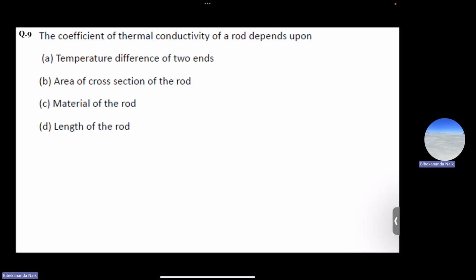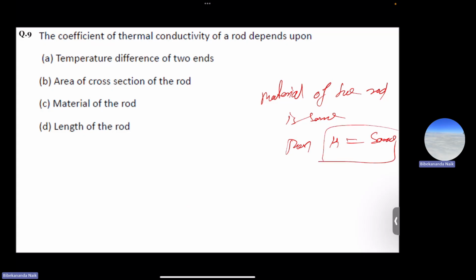We just discussed that when the material of the rod is the same, then K is the same, and the other quantities are variable. The coefficient of thermal conductivity won't depend upon the temperature difference, the area, or the length of the rod.